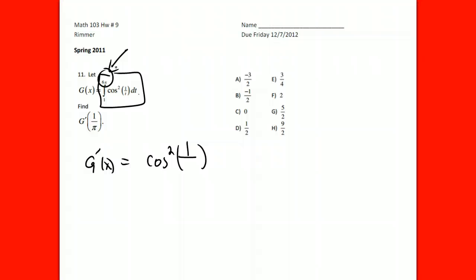So replace the t with the 6x. But since 6x is more than just the 6, you have to use the chain rule and multiply by the derivative of 6x.